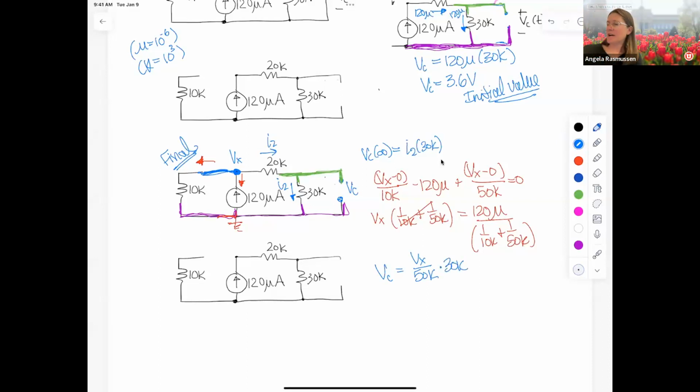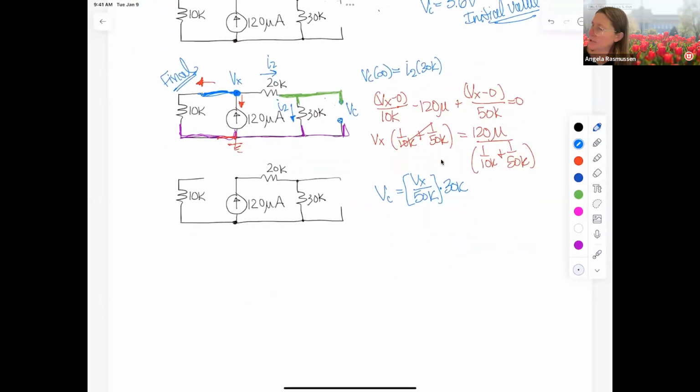Okay. So I2, which is Vx over 50K, times 30K, which is the resistance there. And that will be my final value, which ends up being 0.6 volts.